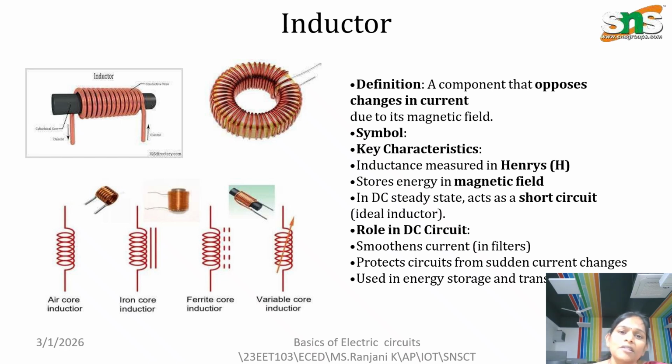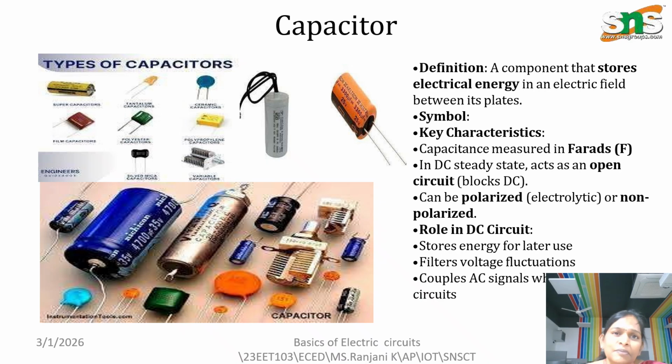Followed by the inductor, let us see what a capacitor is. A capacitor is a component that stores electrical energy in an electric field between two plates. The unit of a capacitor is farad. In DC steady state, it behaves like an open circuit and can be polarized or non-polarized.